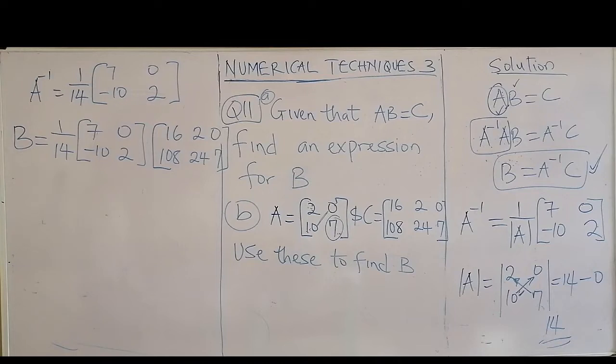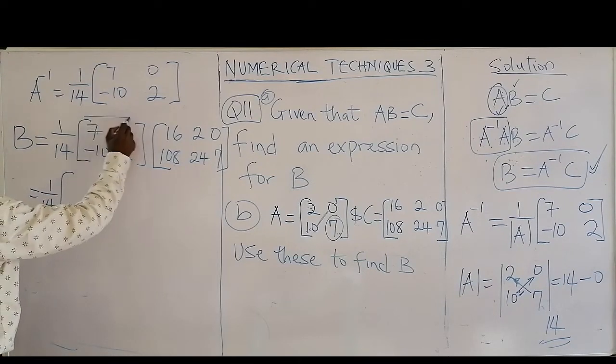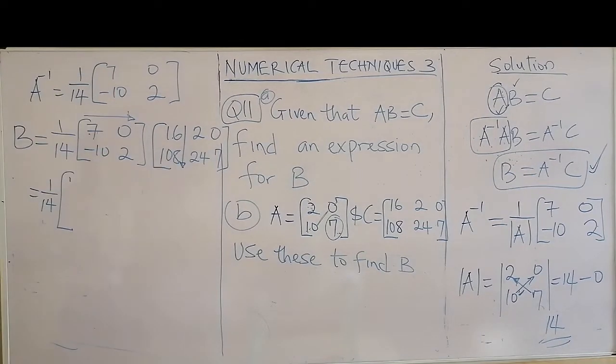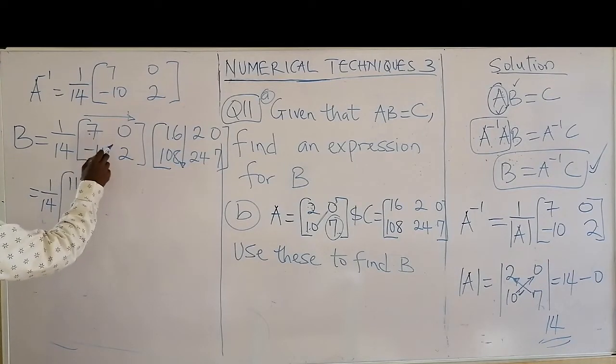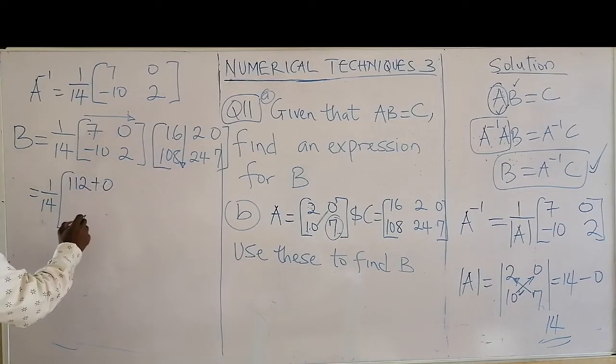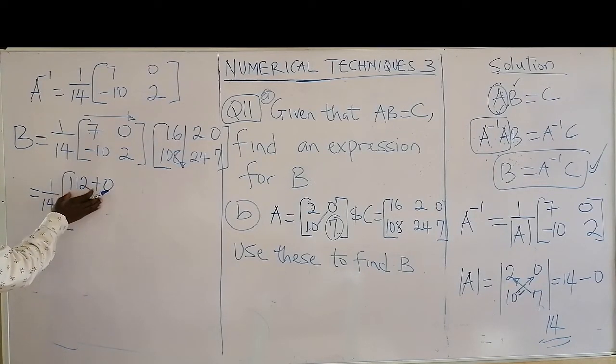So let's do the multiplication. That will be equal to 1 over 14 in brackets. When you are multiplying, it is a row against a column. 7 times 16, that's 112, plus 0 times 108, that's 0, for the first element.